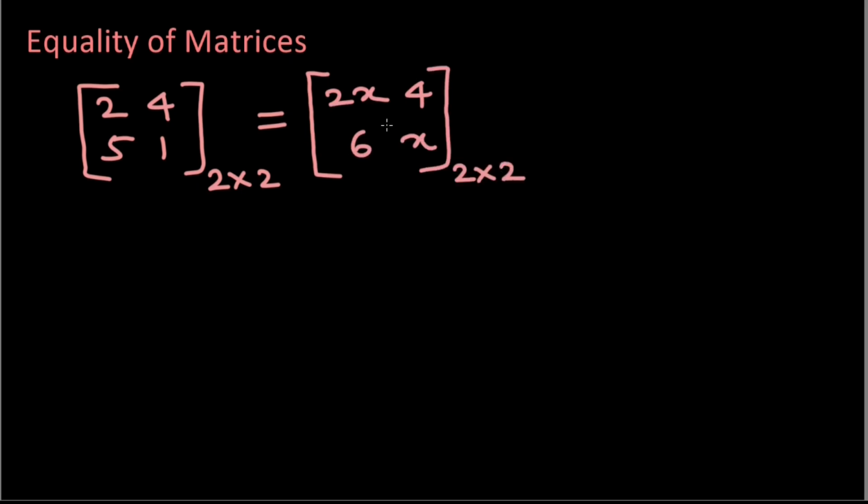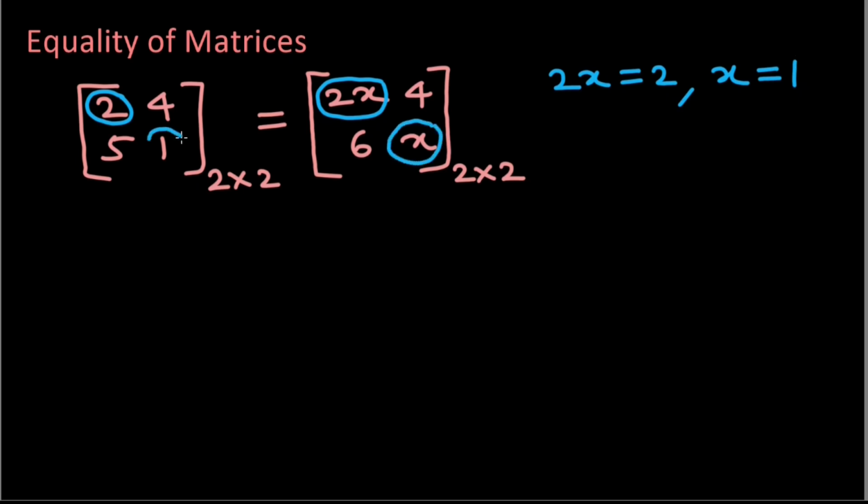Since these two matrices are equal, their corresponding elements are equal, which means this 2x equals this 2. So that gives us 2x equals 2 or x equals 1. So here also we get x equals 1, and the remaining elements are also correspondingly equal.